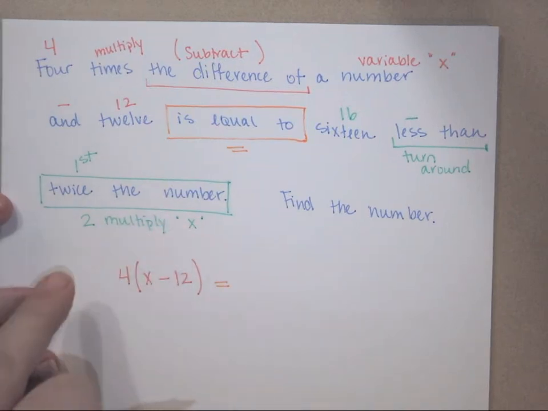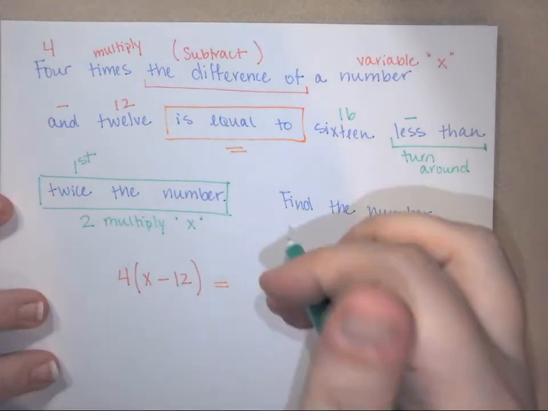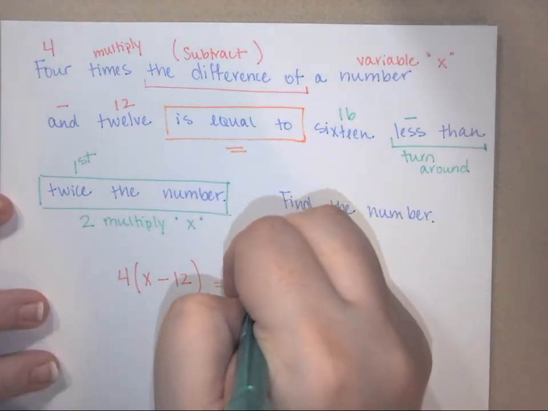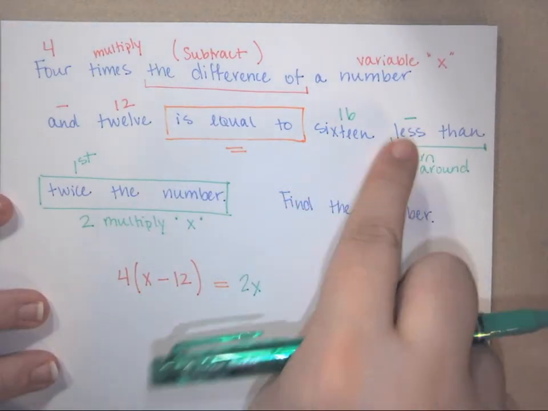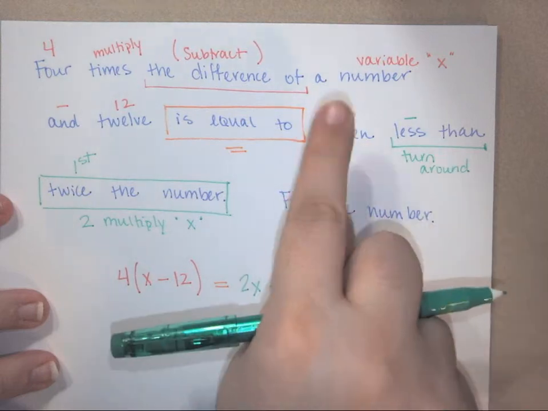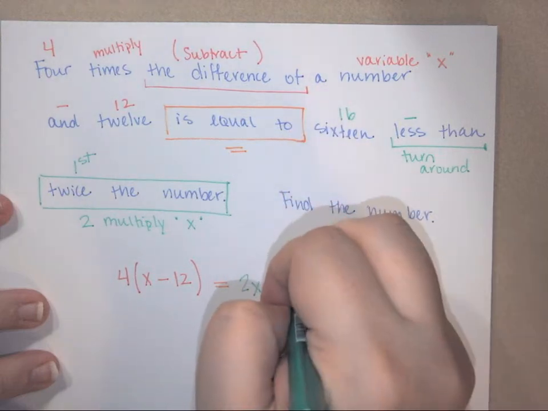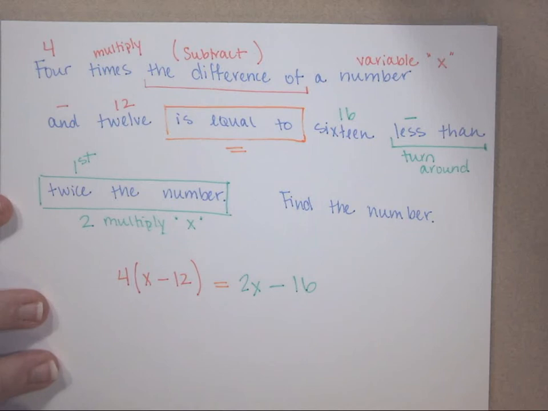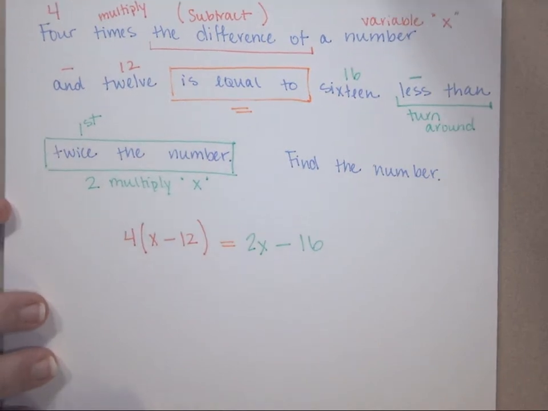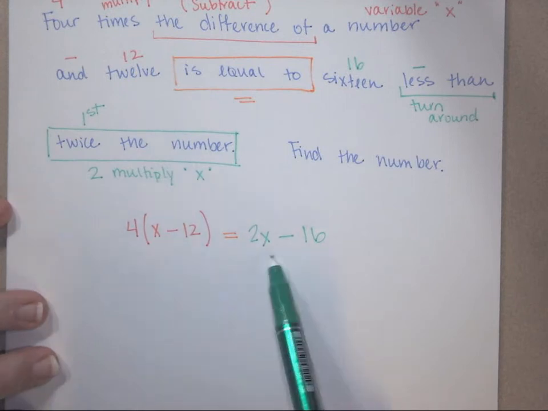So the way that this works is you would write this piece, so 2x, less gives you your sign, subtraction, and then the number 16. Once you break your sentence all the way apart, now you can simply just go in and solve it.